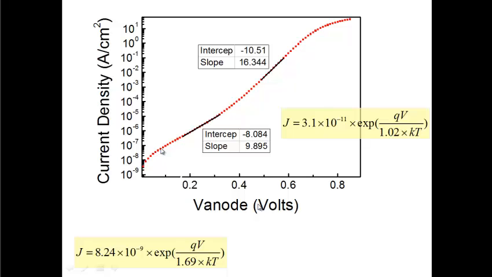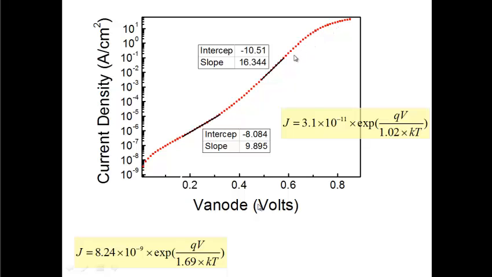So the ideality factor starts off with a value equal to 2 at very low bias, moves towards 1.8, 1.7, 1.6, 1.5, and then eventually reaches a value of pure ideality factor equal to 1. So there is a region here where the ideality factor is 1, and the pure ideal diode equation is valid. But then as you go to higher biases, it departs from this value again.